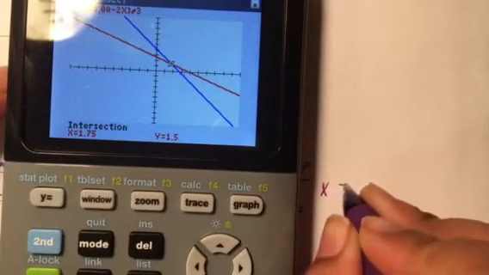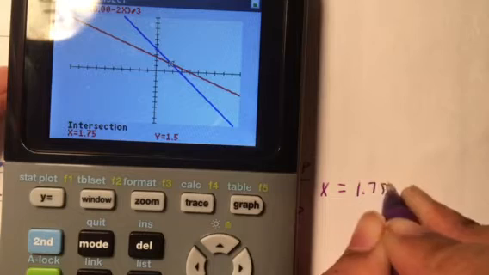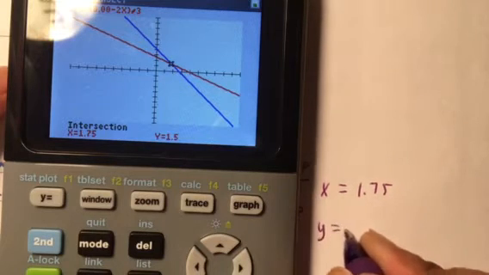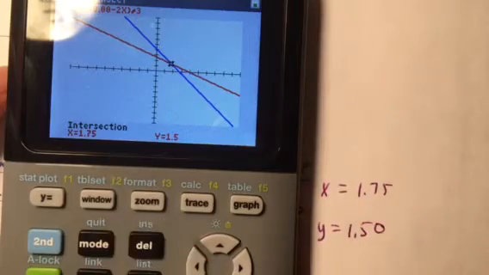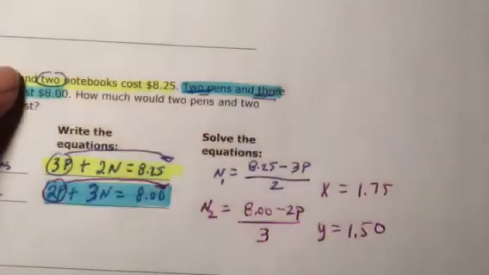So here, let me see if I can write this to where you can see. Here your x equals 1.75 and your y equals 1.50. Even though there's not one there, we're talking about money, so it needs that 0.